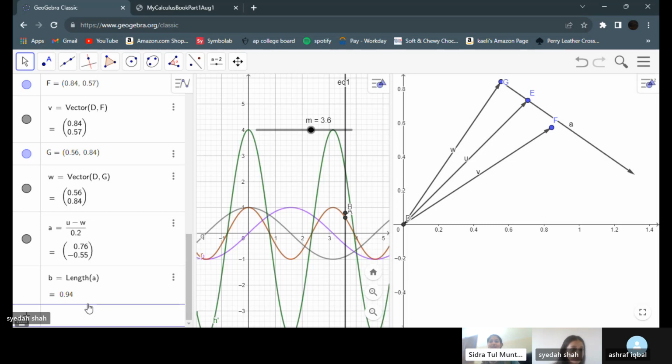I don't know why we wouldn't be right, because we did everything right. We found the velocity of the two vectors, and then we divided it by 0.2, by the time.